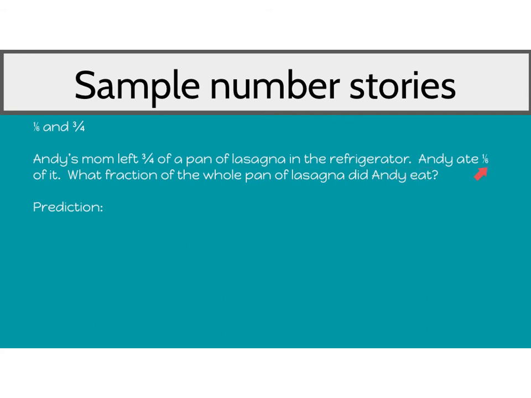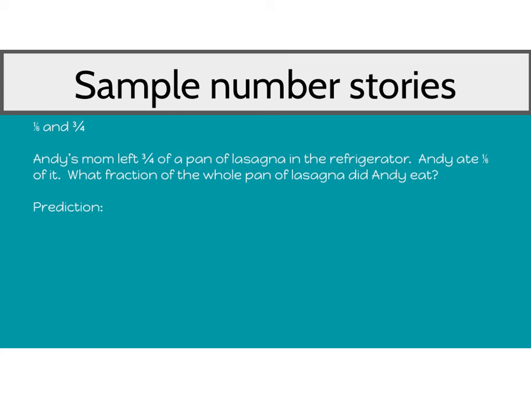Andy ate 1/6 of it. What fraction of the whole pan of lasagna did Andy eat? So it says whole pan, mind you, the fact that mom left 3/4 of it. So the first thing that we need to do is come up with a prediction.